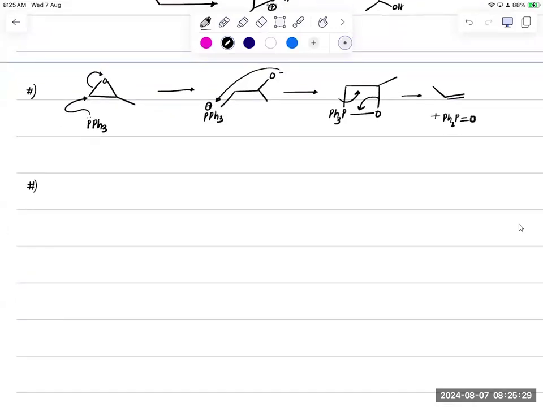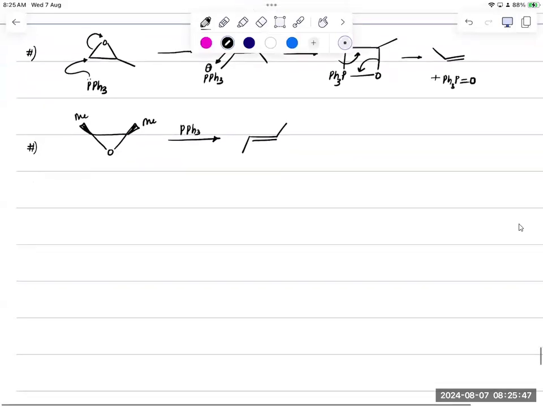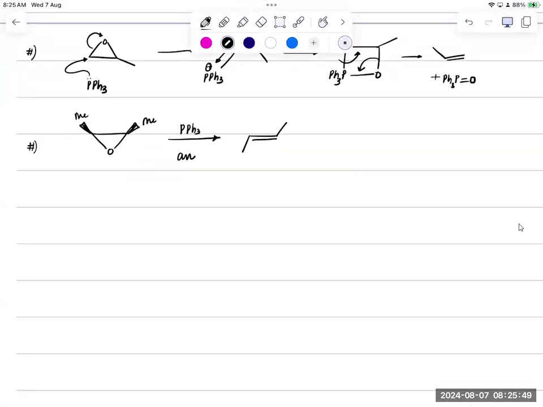And the same logic applies here also. Suppose you have an epoxide here and two methyl groups are on the same side, and then you use PPh3. Because it is an anti-elimination, the erythro form with anti-elimination will give you trans.